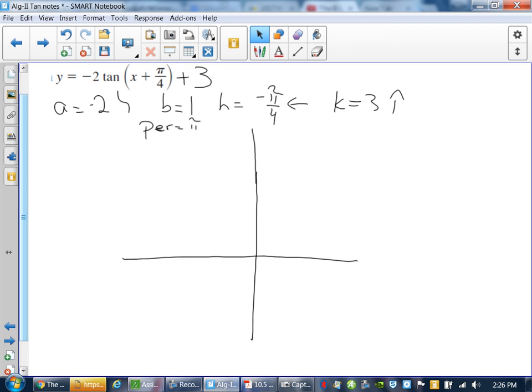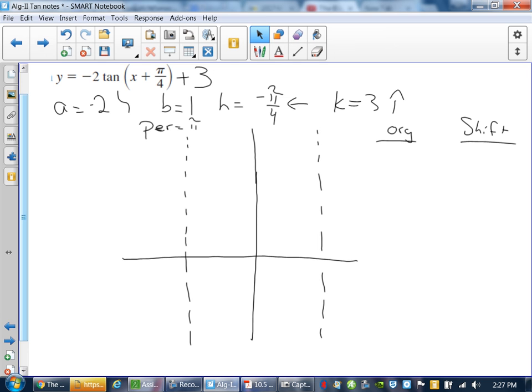First thing you always want to place on the graphs are your asymptotes. So we're going to have an original and a shift. Our original asymptotes will be at, well, it has to be pi apart, so what will they be at?